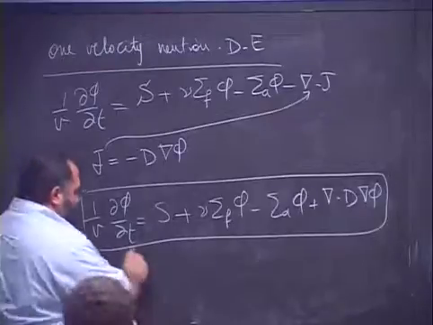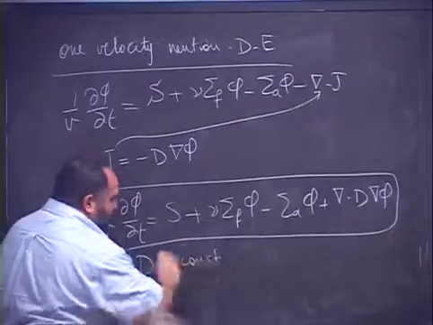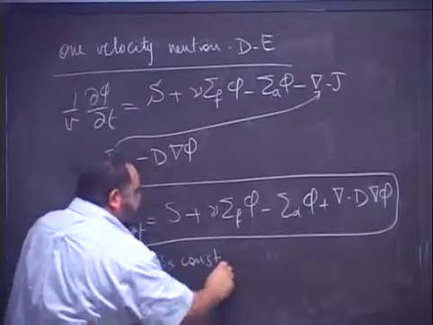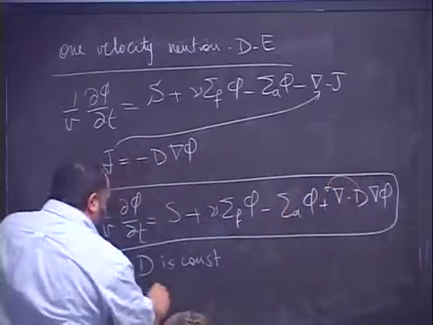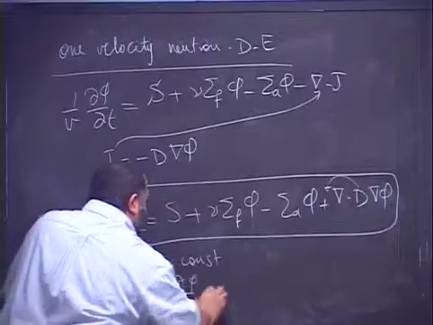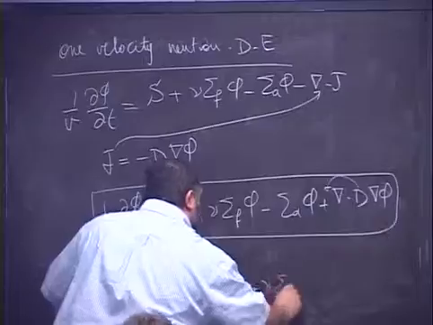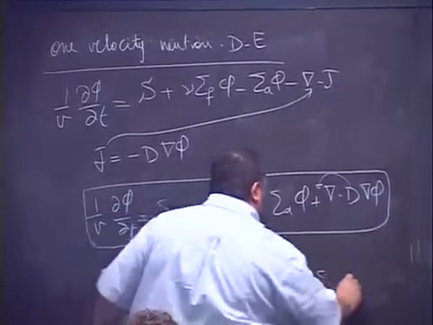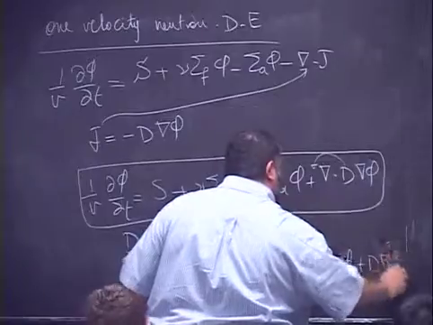So if D does not depend on space, I can take D out. And in this case, I will get 1 over V dphi/dt equal to S plus nu sigma fission phi minus sigma absorption phi plus D nabla squared phi.